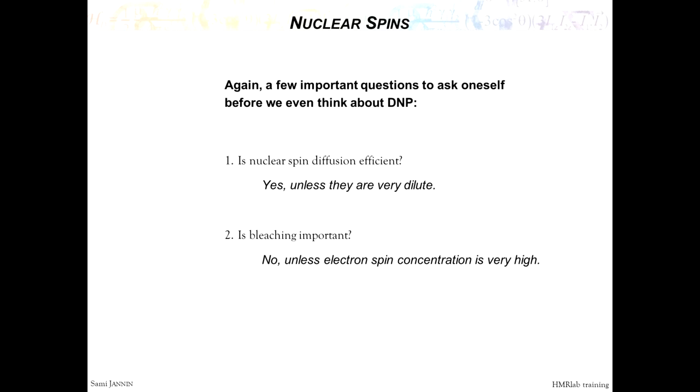So I mean, I just wrote 2 important questions, but there are more than that. So is nuclear spin diffusion? In principle, yes, unless you have very, very dilute nuclear spins. We need to make the calculation, but for example, if you have only a few millimolar of carbon-13, then diffusion might be too slow.